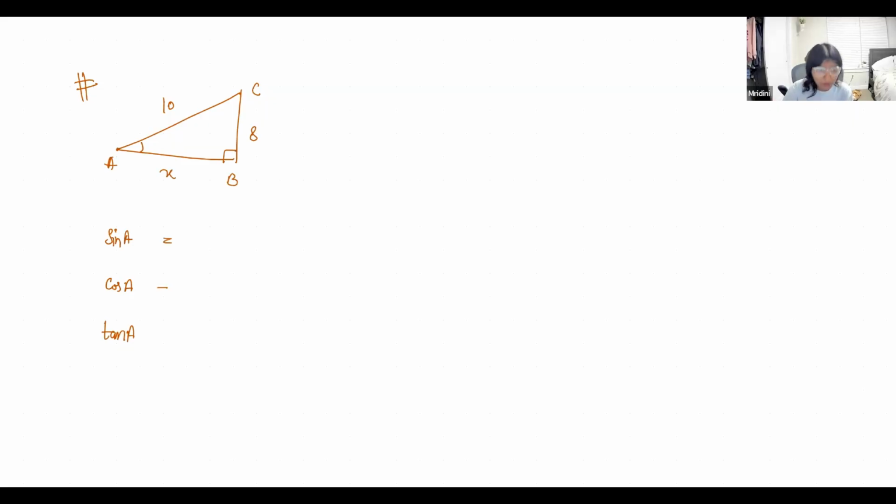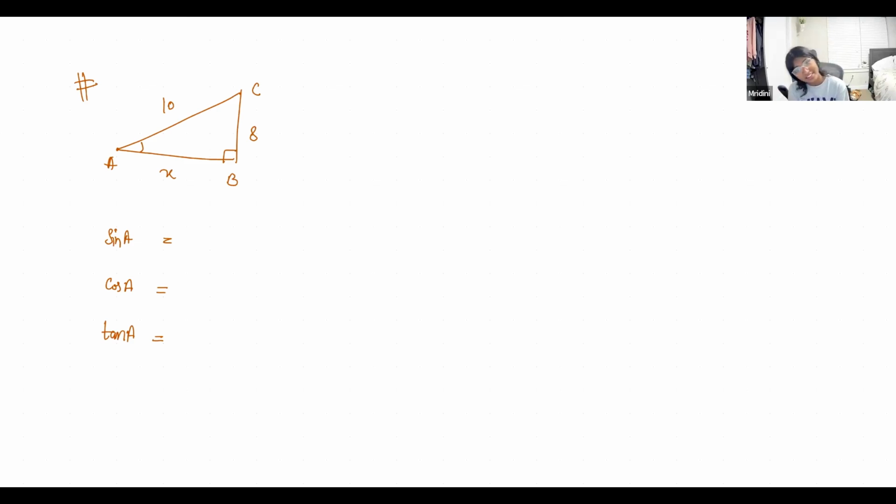The sine would be opposite over hypotenuse. Is that a number? We don't have any number given there. This is my X. So how can you solve this? Do I have 10 plus x equals 8?